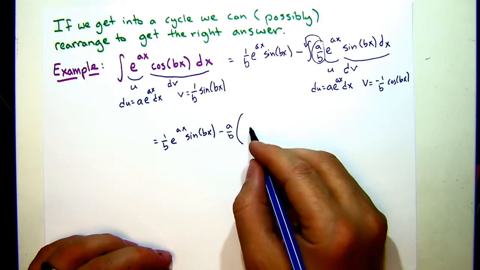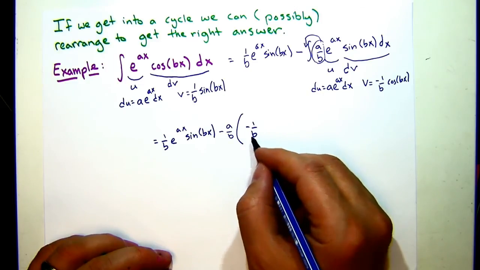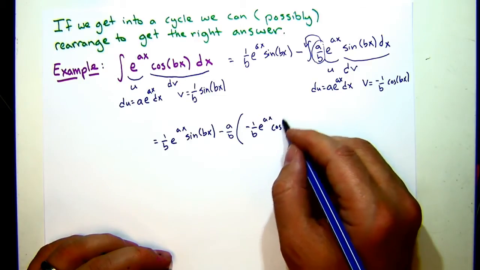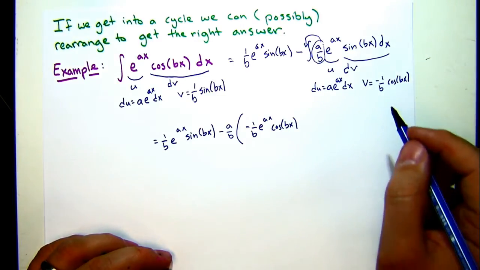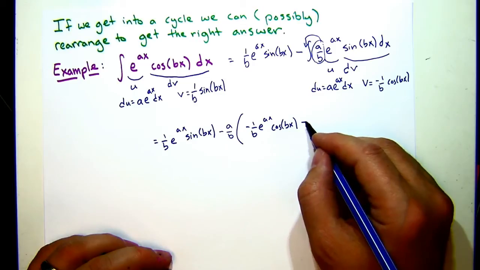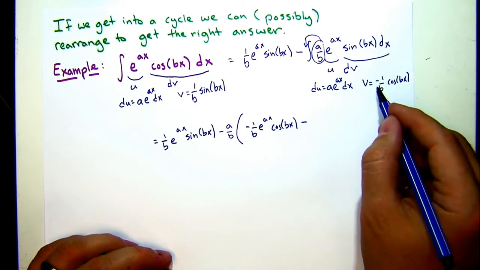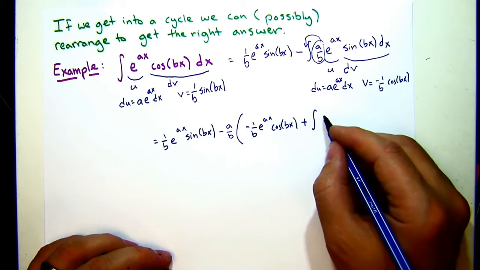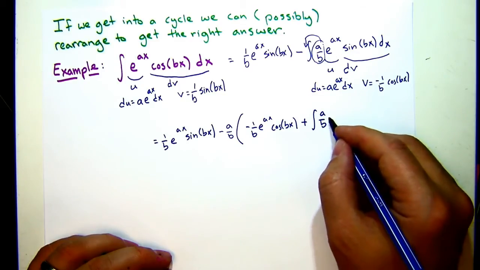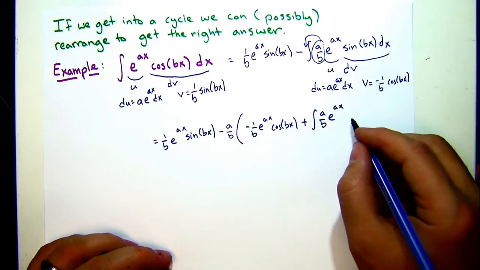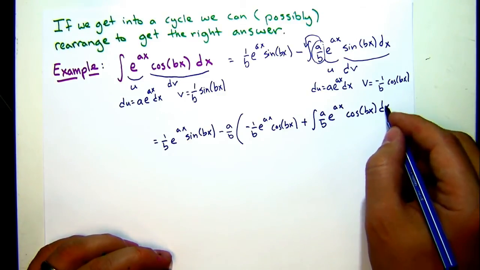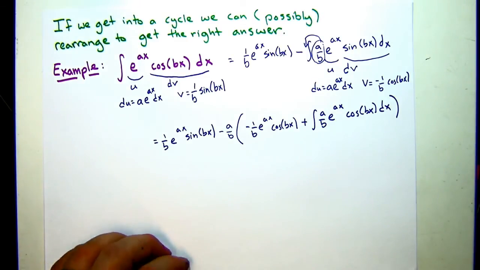See, it's easy to get confused. uv, and so that's going to be minus 1 over b e to the ax cosine bx. And then minus the integral v du. Now notice I have a minus already, so two minuses make a plus. Integral a over b e to the ax cosine bx dx.